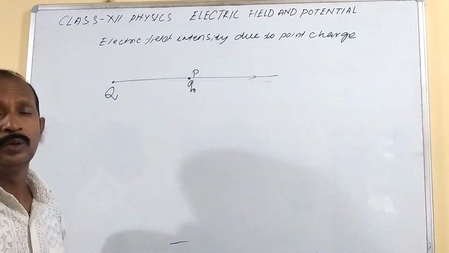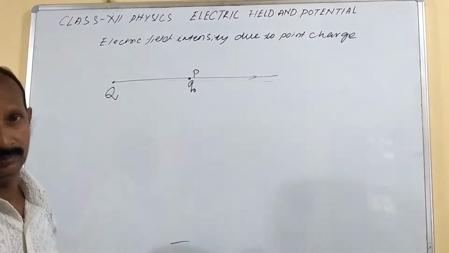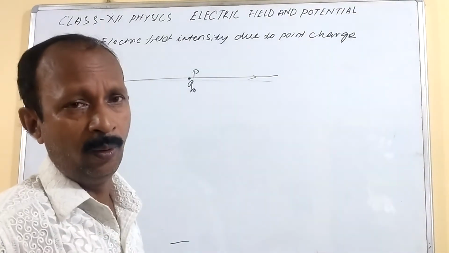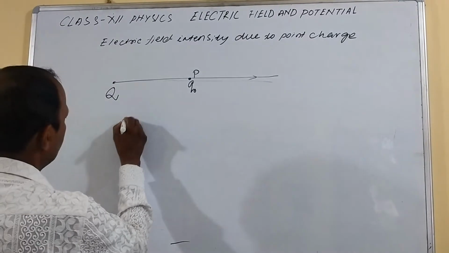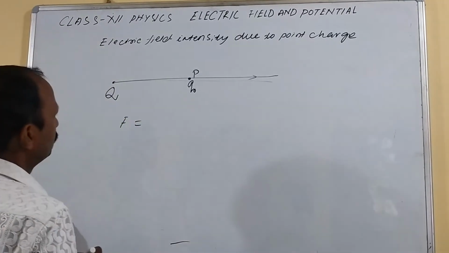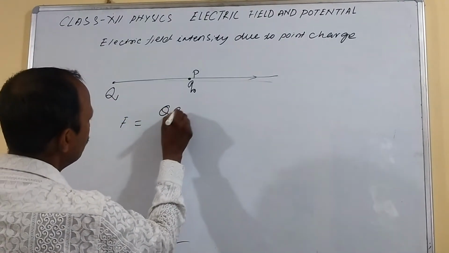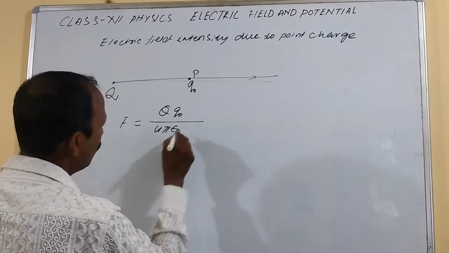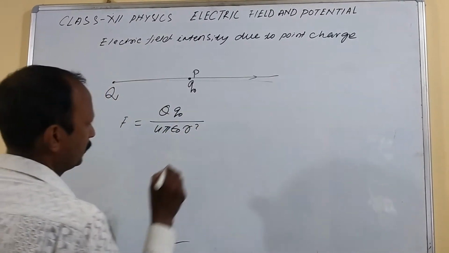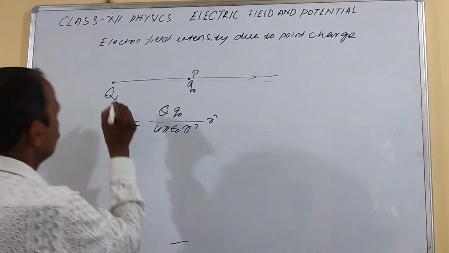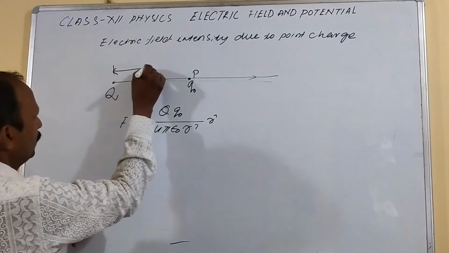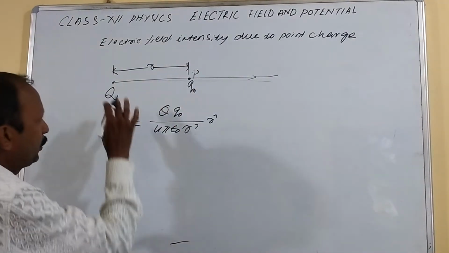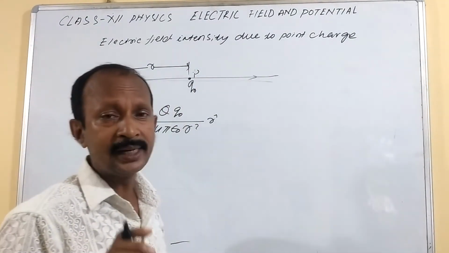Now according to Coulomb's law, the electric force F is equal to Q Q naught upon 4 pi epsilon naught R square. Here I have taken R as the distance between Q and Q naught.